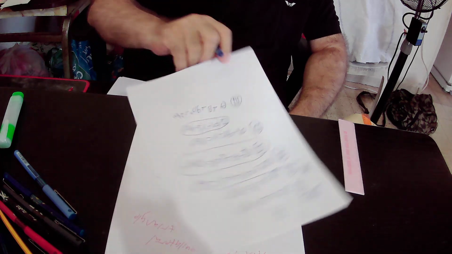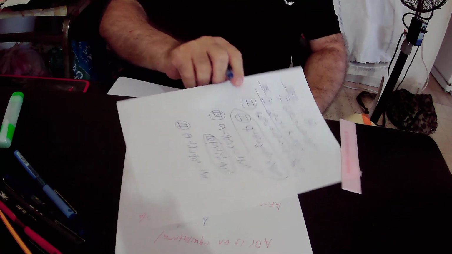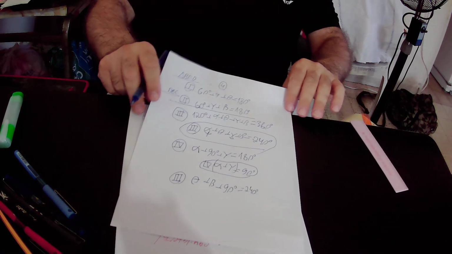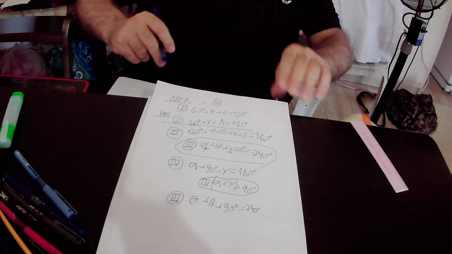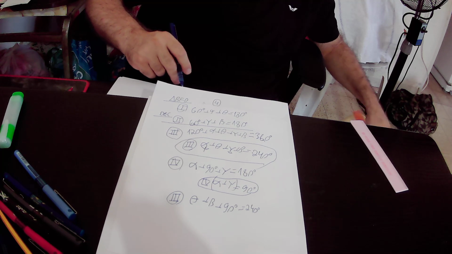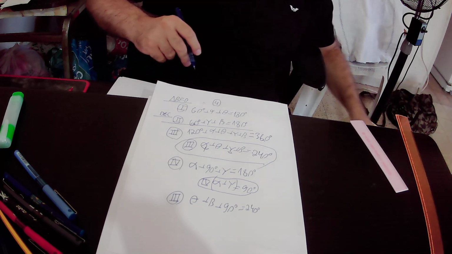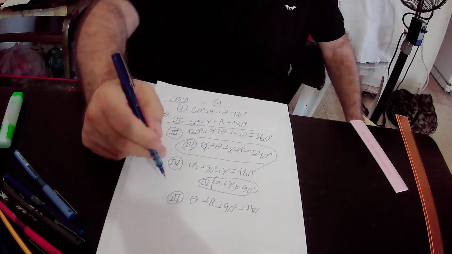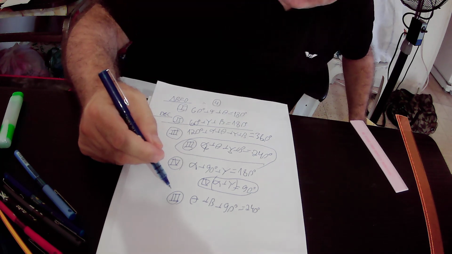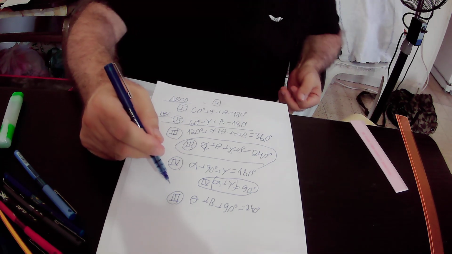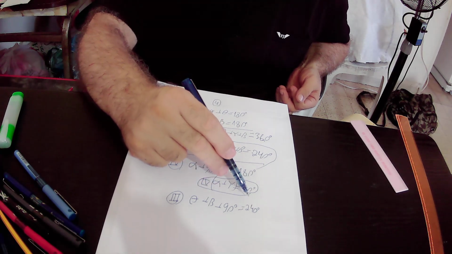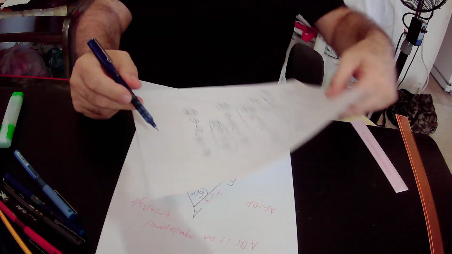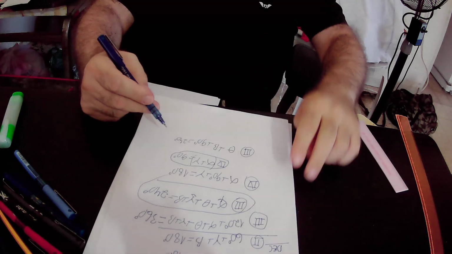Okay, so in the third equation we got that theta plus beta plus 90 degrees equals 240 degrees. In the next step, we'll subtract 90 degrees from both sides, and we'll get that theta plus beta equals 150 degrees. Okay?